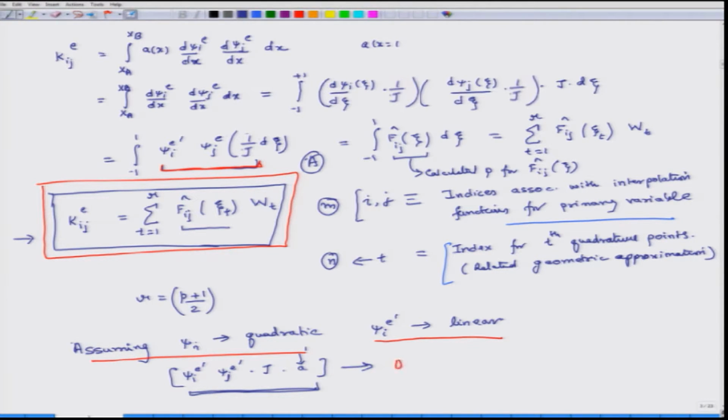Order is 2, that means P equals 2, which means the number of quadrature points should be (2 plus 1) divided by 2, and that gives me 2. So, that means that R should be 2 or higher. I can use R as 3, but I cannot use R as 1. I can use R as 2.